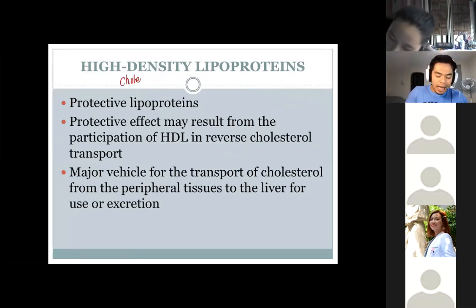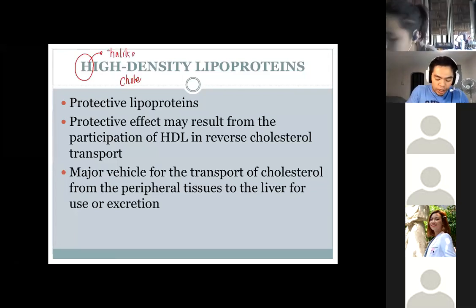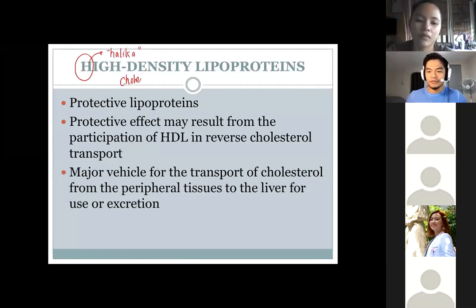Now, ang pinakaiba lang nila is that since ito ay HDL, isipin nyo, as the liver, halika cholesterol. So kung halika cholesterol, what would be your inference here? Saan palapit ang cholesterol? Sa tissues or sa liver?